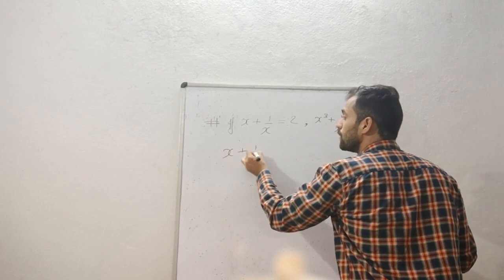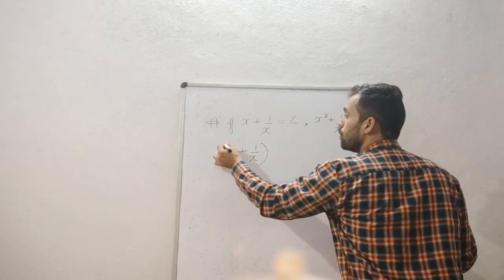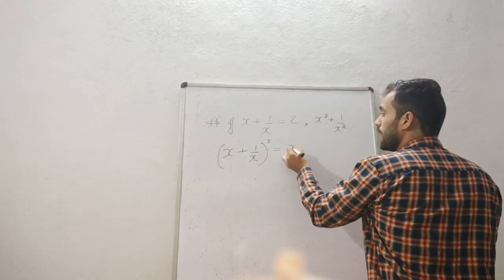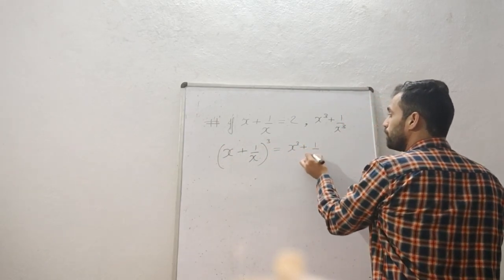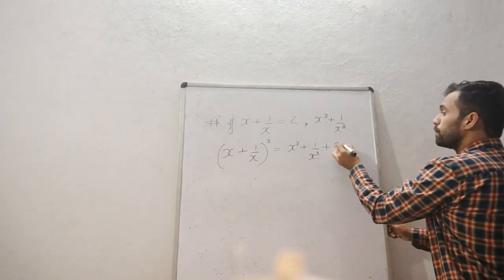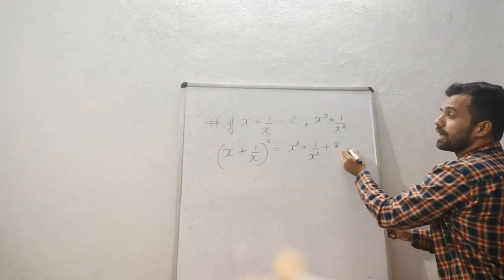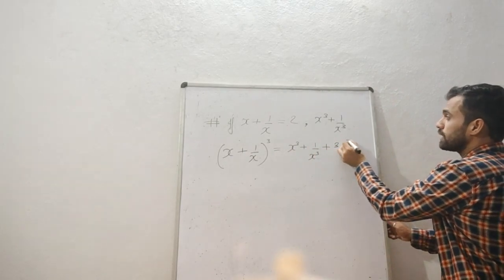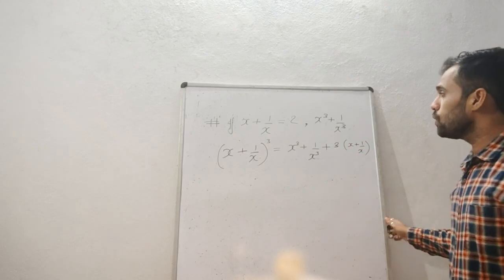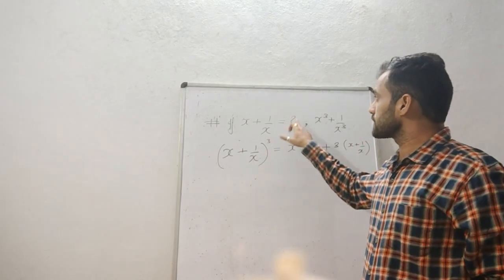(x plus 1 by x) whole cube is equal to a cube plus b cube plus 3ab, with a plus b being x plus 1 by x.